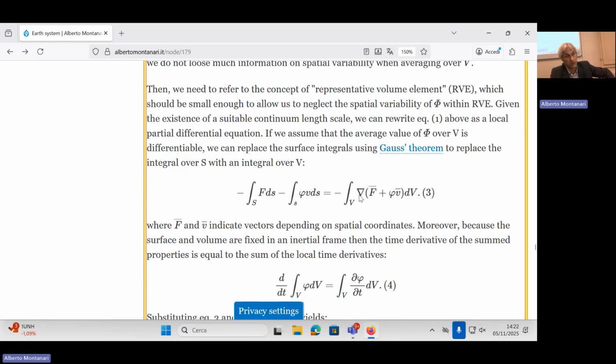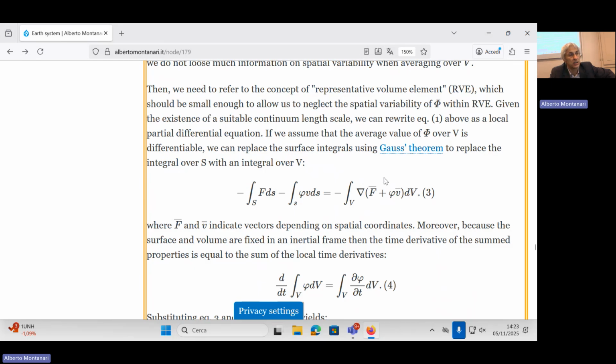Now I have to pass to vectorial form of F plus lowercase v divergence, which is integrated over the volume V. So divergence, what is divergence? Divergence, as you may remember, is derivative of, in this case, capital F with respect to x plus derivative, etc., etc. Partial derivative, yes.